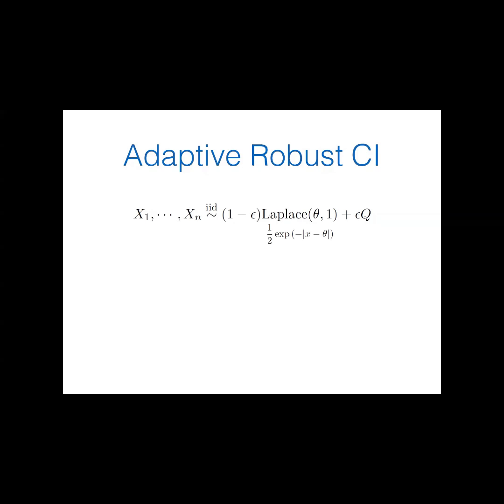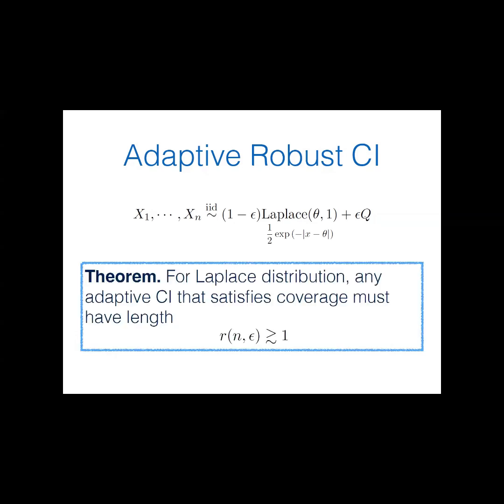So we are still going to ask the question: how can we construct a confidence interval for the Laplace distribution if epsilon is unknown? Well, it's kind of surprising, but it turns out that if you have a Laplace distribution, we can show that for any adaptive confidence interval, the length can no longer be better than a constant. So this is very bad.